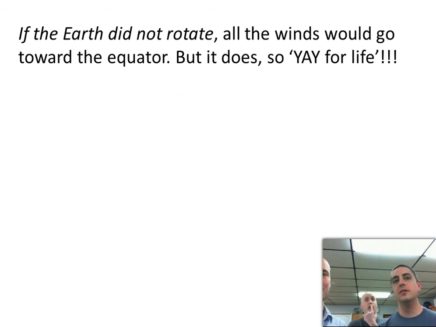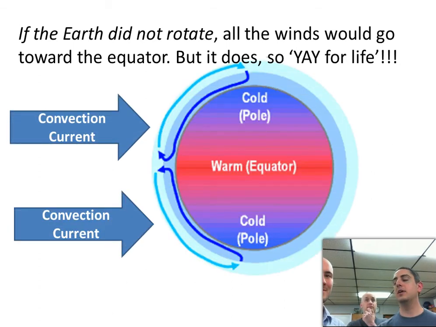No, because the Earth is rotating, it actually does not all get pushed directly towards the equator. Otherwise everything would drop down there, and there'd be a lot denser air around the equator than there currently is. And everything else would pretty much be horrible. So the spinning actually gives us this aid in convection current. And we're going to look at how those things break up.